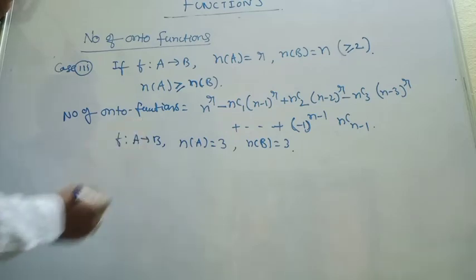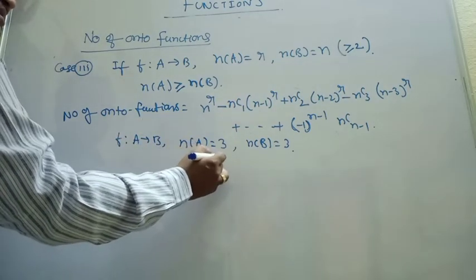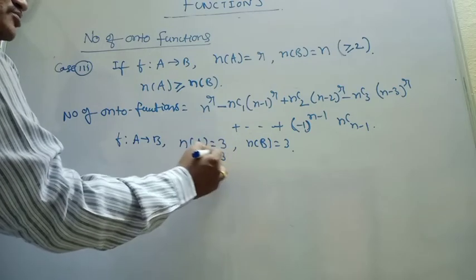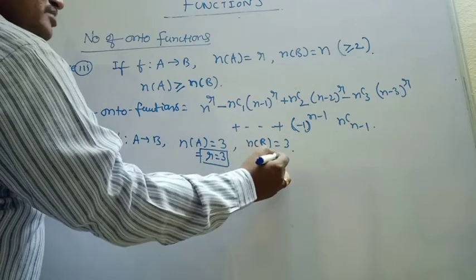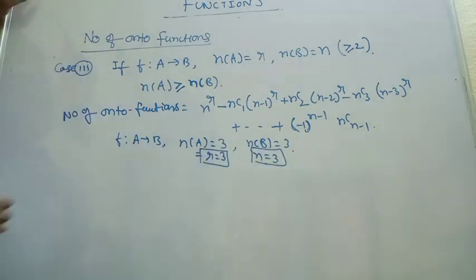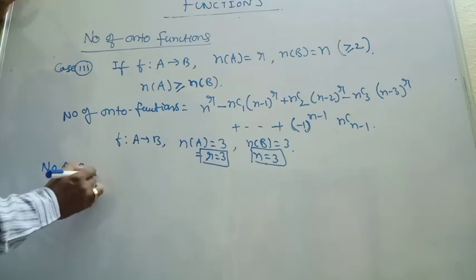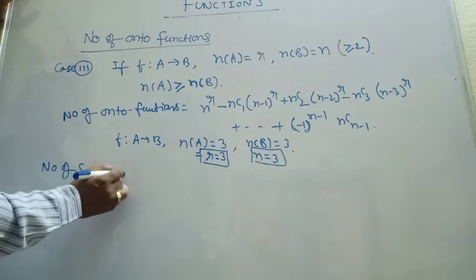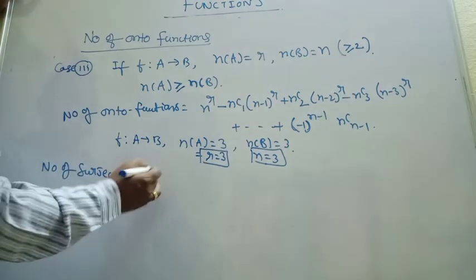According to the formula, n(A) equal to r is equal to 3, and n is equal to 3, that is n(B). Now, the number of onto functions, so the number of surjections, because another name for an onto function is surjection.